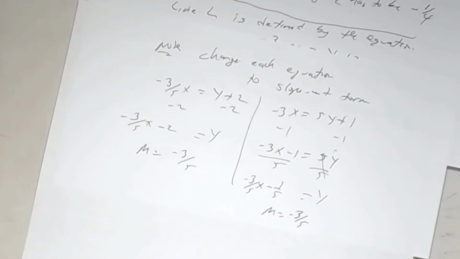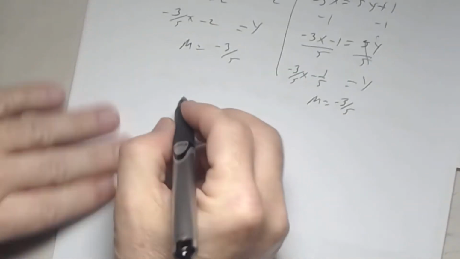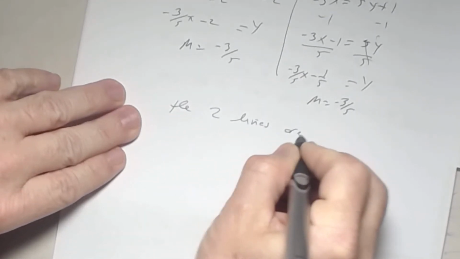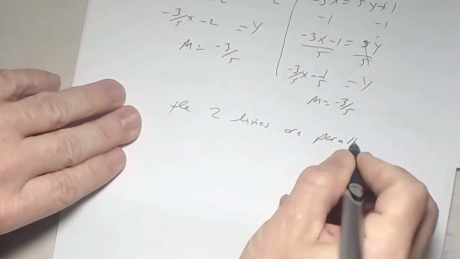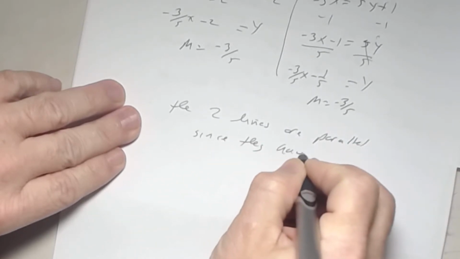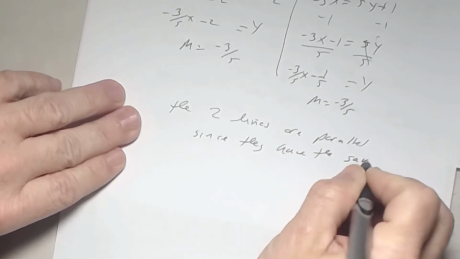Negative 3/5. What is it about the two lines? They're the same slopes. That means the two lines are what? Parallel. So the two lines are parallel, since they have the same slope. Okay?